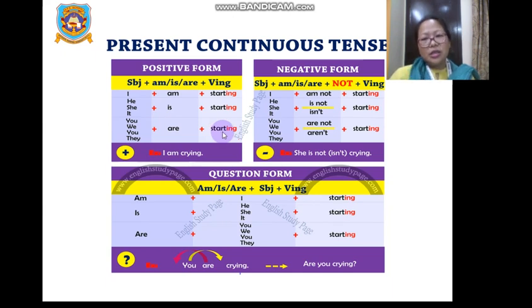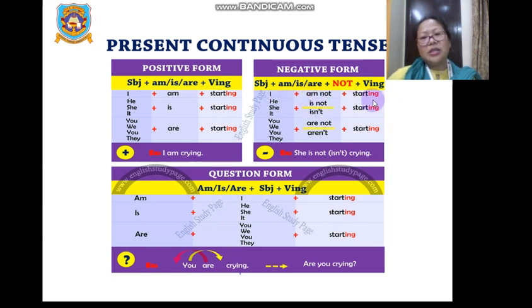So in a present continuous tense, in a positive form, we use the subject plus am, is, are, plus the verb with ing. In a negative form, the subject plus am, is, are, plus not, and the ing form of the verb.